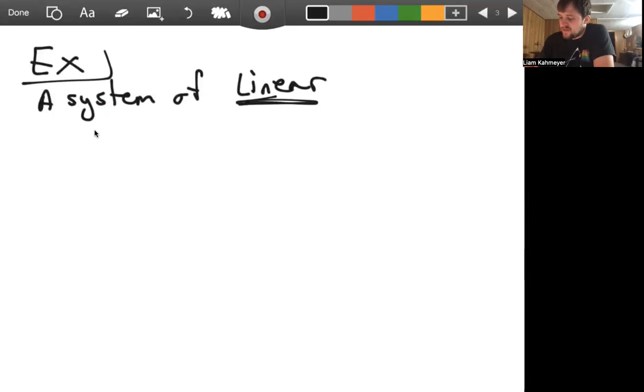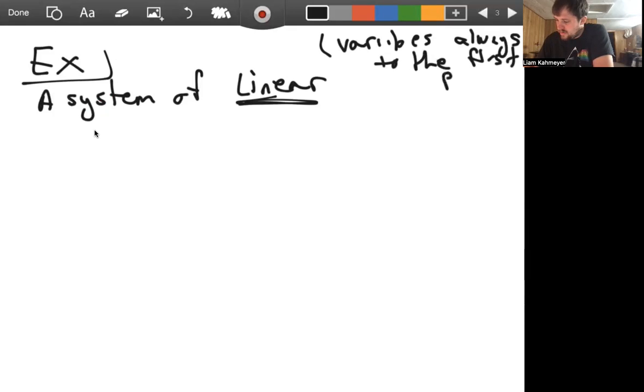And basically what that means is we won't take any variables to a power higher than 1. So variables always to the first power. So we'll be looking at linear equations.